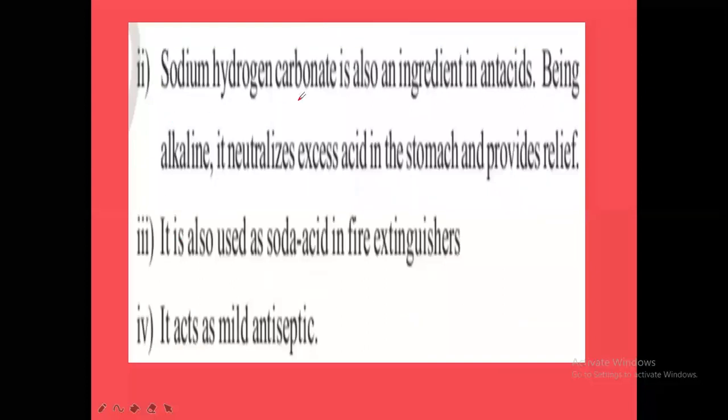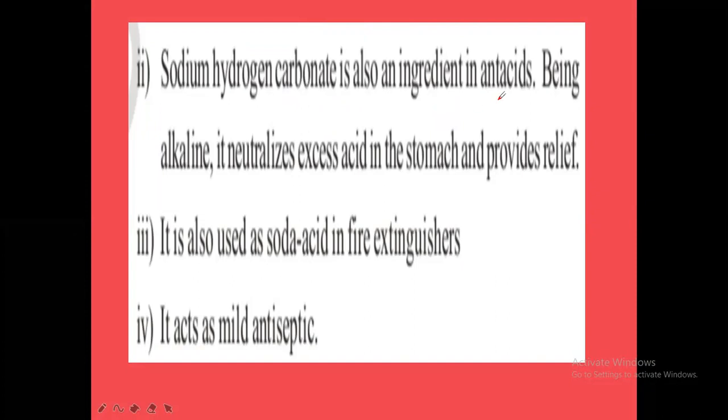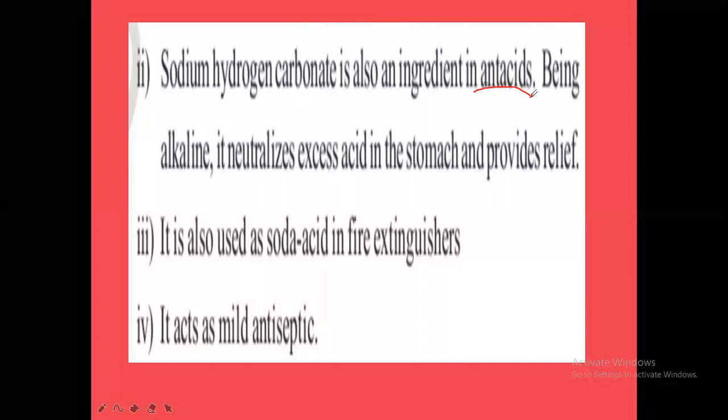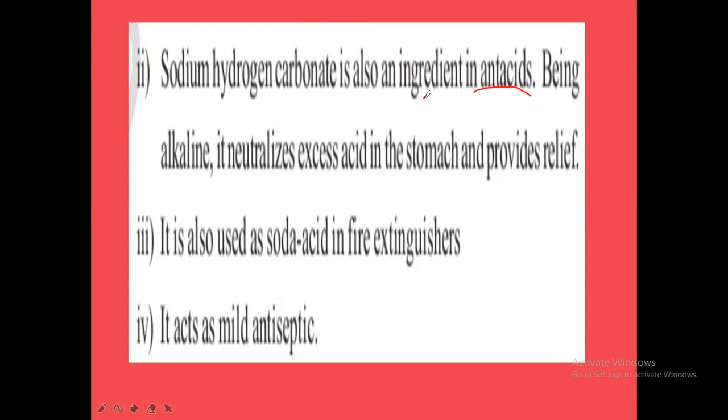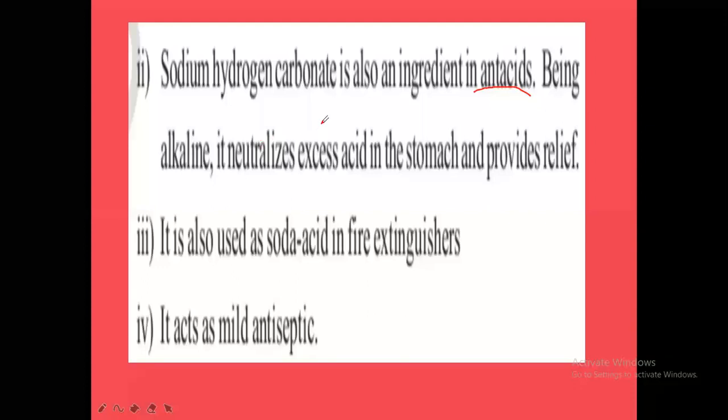Next, sodium hydrogen carbonate is also an ingredient in antacids. Antacids are used to get rid of acidity. One of the components of antacids is sodium hydrogen carbonate, because it is a mild base. This mild base will be used to neutralize the acid in the stomach.